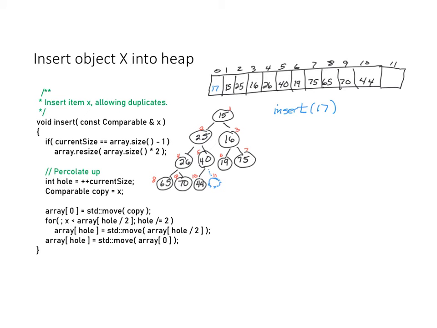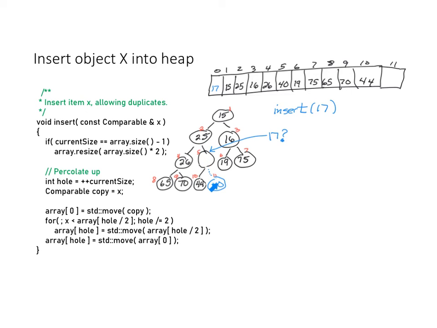Now we need to find a new home for 17, so the for loop right here is going to do that. Since 17 is less than 40, we're going to keep percolating this hole up and moving the node down until we find the new home for 17.